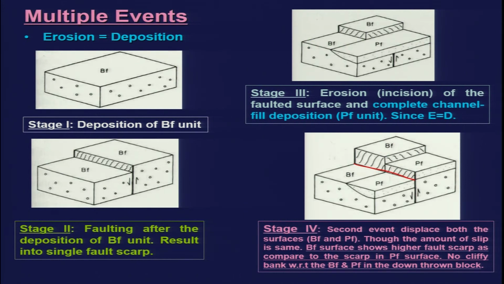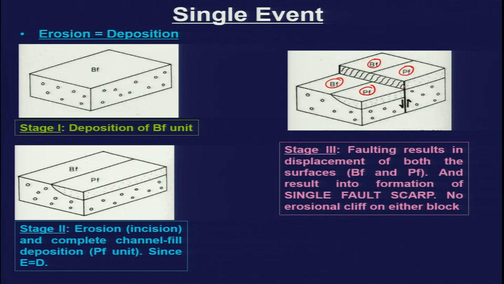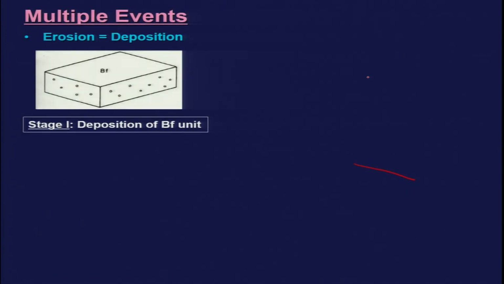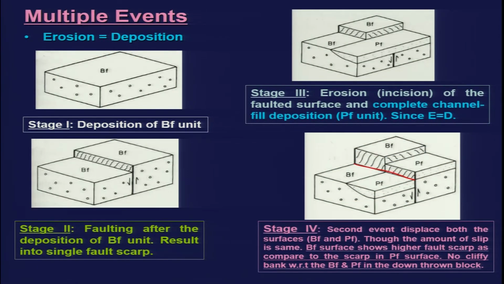No cliffy bank has been seen on the down thrown side. So this can help you in justifying, because no cliffy bank has been seen on this one, but you are able to see the two scarps in this one. If you quickly look at what we saw in the previous one, okay, we had only one scarp, but here we see two scarps, and these are indicative of multiple events, okay.